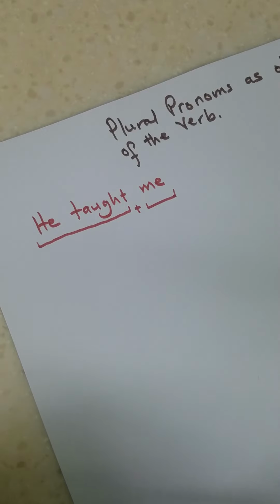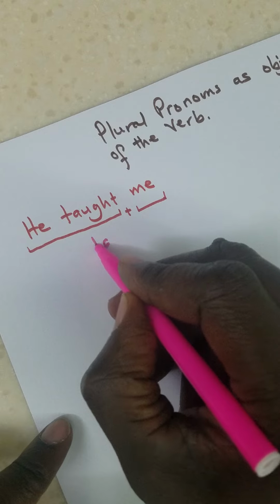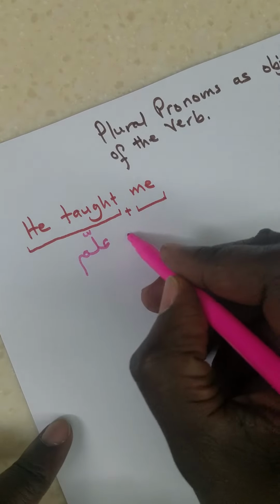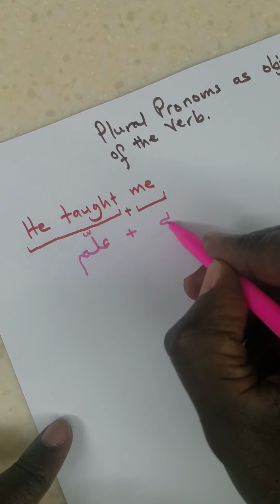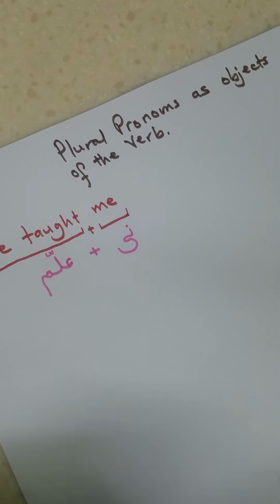And we were asking ourselves how do we go about such an example? Of course, we know he taught is allama. And we said when we are going to add me, we are going to add ni. I hope you remember that. And thus we said he taught me will now be allamani.